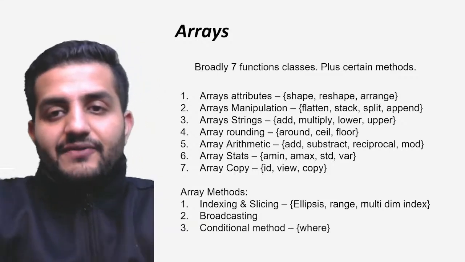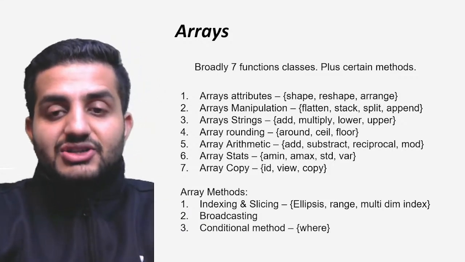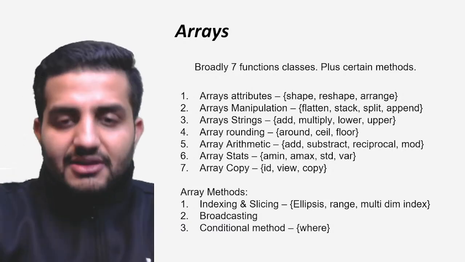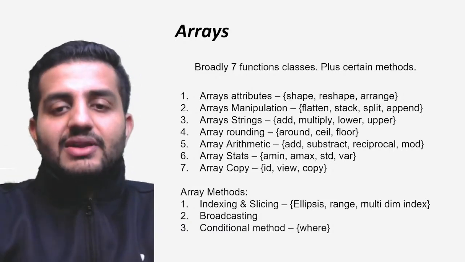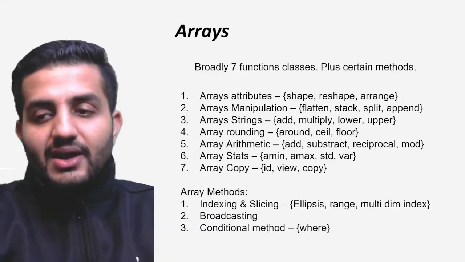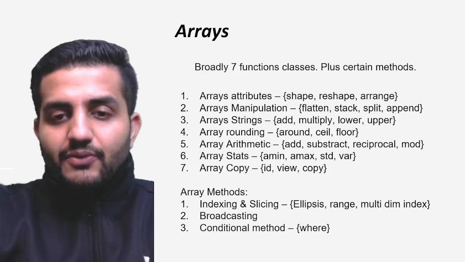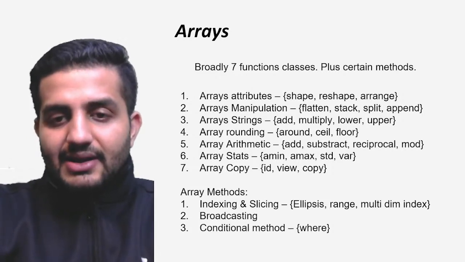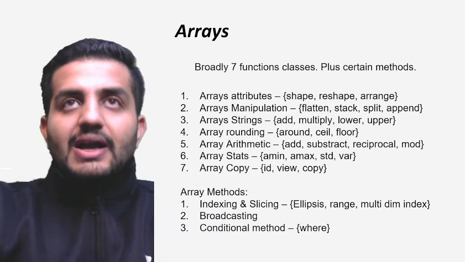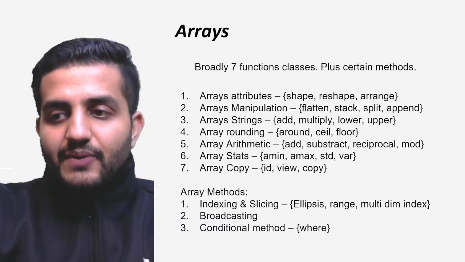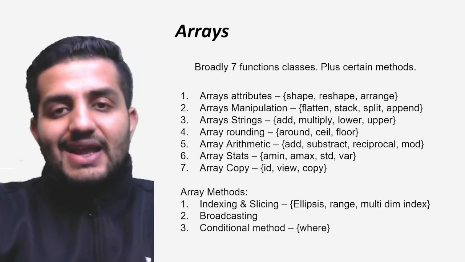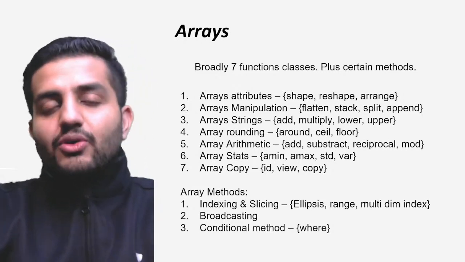The last method is the conditional method. There are certain other methods, but again, I'm not listing everything. One of the very interesting methods available is the conditional method, which is where. We're going to call this np.where. Under NumPy we have a method called where. It's more of a conditional method where we can pass a condition, and if that condition is true, we can take an action, and based on that we can find out my output.